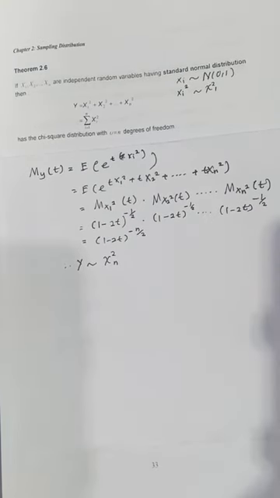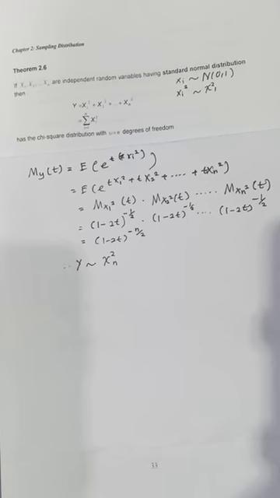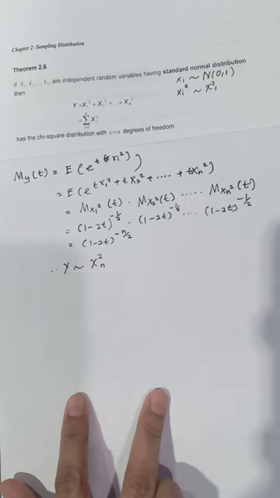So basically, when you want to find the distribution for a special distribution, like I said before, I suggest you use the third method, which is the MGF technique, that you have learned before in chapter 1.